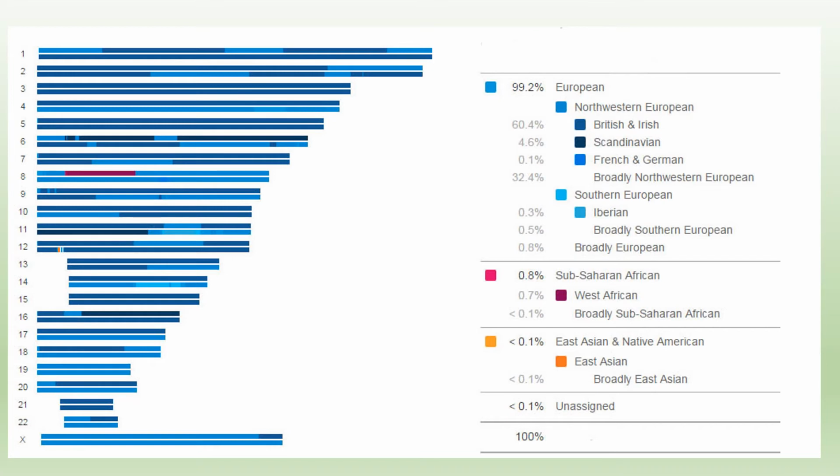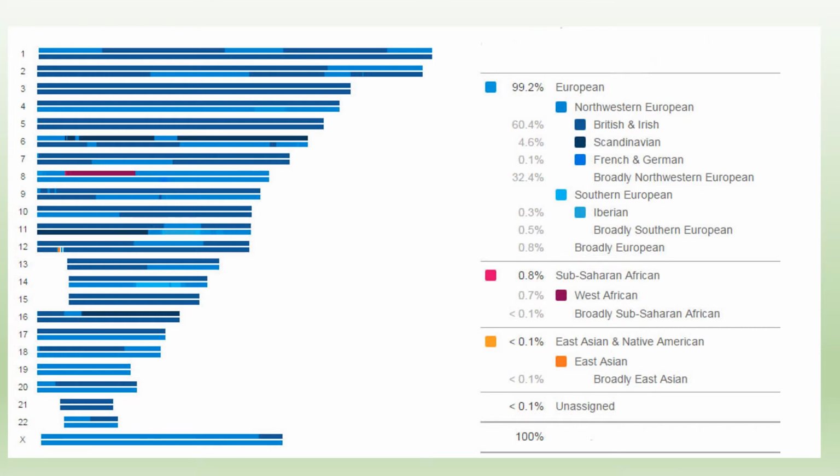That indicates that at some point, one of my ancestors' chromosome number 8 crossed over with the other copy of chromosome 8 in that individual and made this new genetically unique chromosome 8.